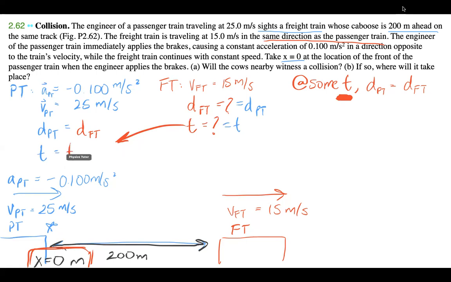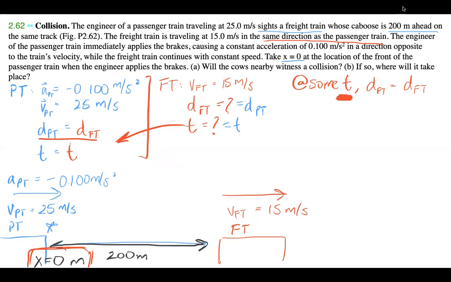Okay. So now if we look here, we can relate these two and make them equal to each other, right? So we can equate the two and figure out what the time is. On this side, we can use our 5 kinematic equations to do that.